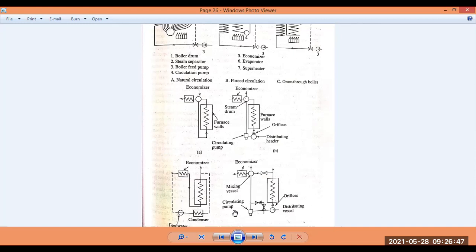From the convective superheater, CSH, steam goes to the radiant superheater, RSH, installed at the top of the furnace, where heat is absorbed by radiation. Steam leaving the radiant superheater goes to the desuperheater, where water of high purity is sprayed into the steam to bring down its temperature.